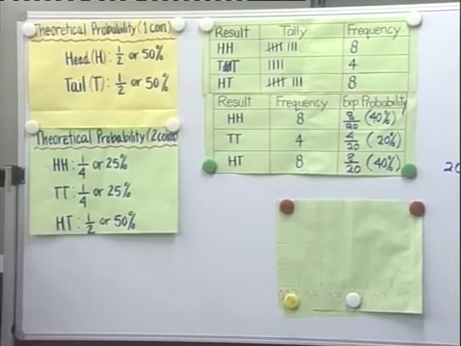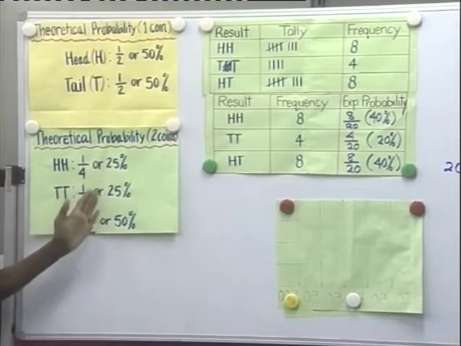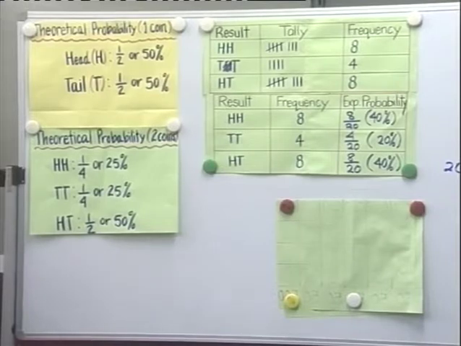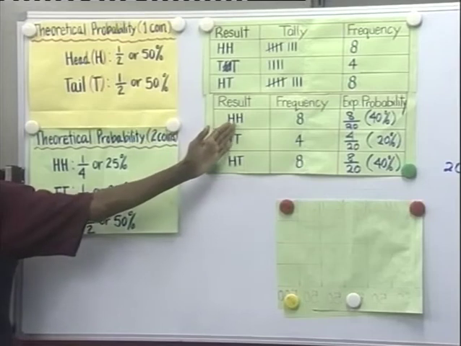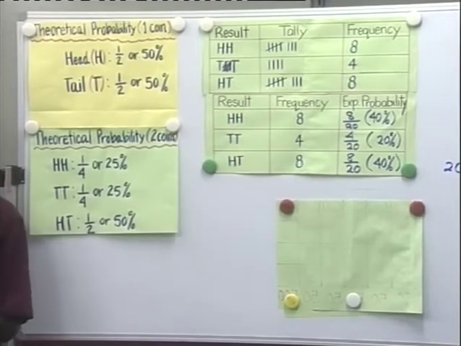That's the thought that you must have. If it is not closest to this, then we have to explain why it is not closest to the theoretical probability. So have that understanding or question in your mind while you are calculating your probabilities of tossing coins for 50 times.